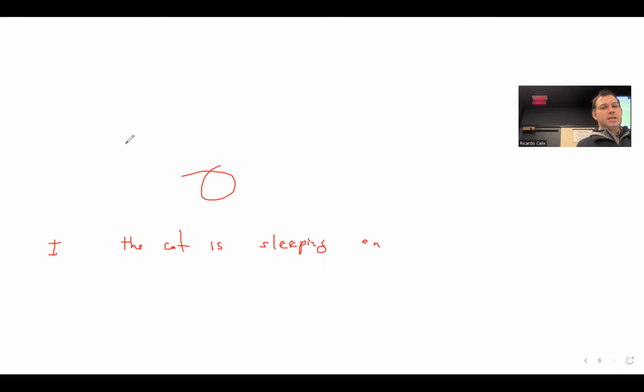And the output is "the cat is blank on," and then I could say "the bed." On the bed. Do you get how it's semi-supervised now? Guys? This is the input. This is the output. So this is the X. This is the Y. What it learns to do is what? Fill in the blank.